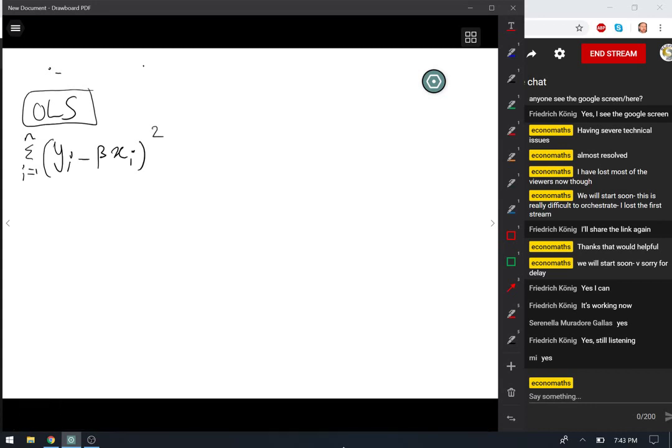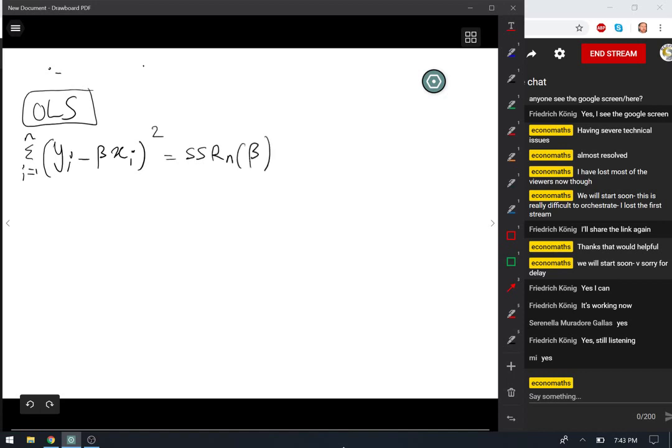You can divide by n if you want, it makes no difference to the minimizer. So this here is a function of beta, the sum of squared residuals at sample size n at beta. For every different beta, we're going to get a different sum of squared residuals, and it measures how far this predicted line, beta x_i, is from y_i.